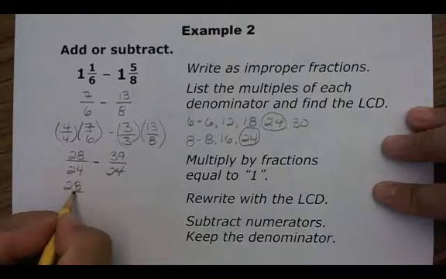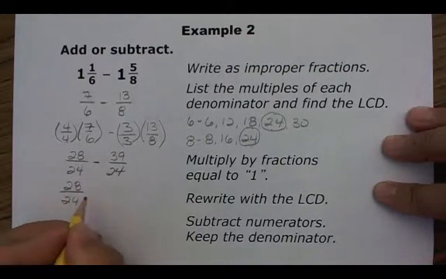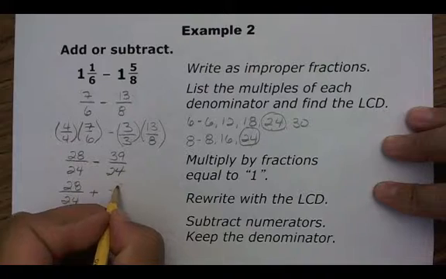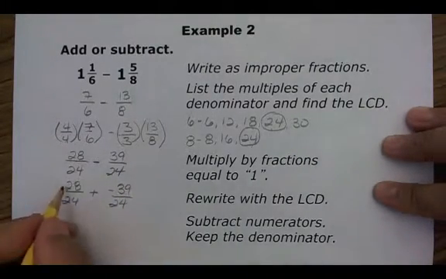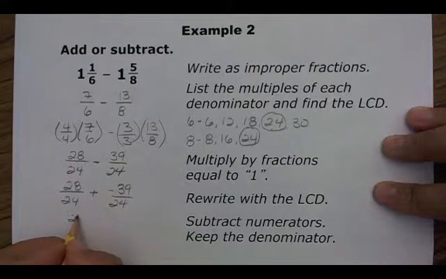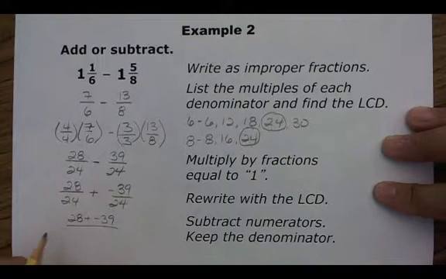And I'm going to make this 28/24 plus a negative 39/24. So now I can combine the numerators, 28 plus a negative 39 over 24. Right? The signs are different now, right?